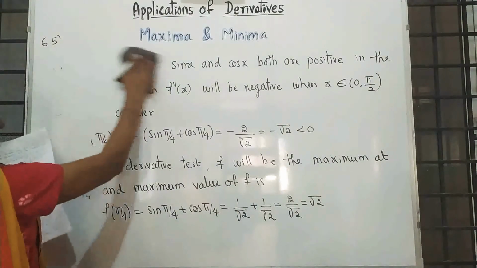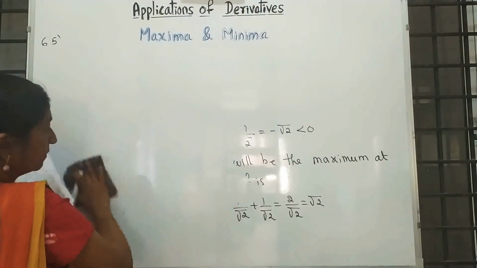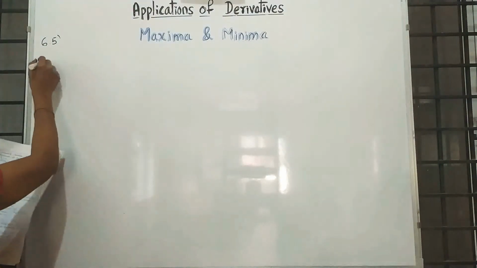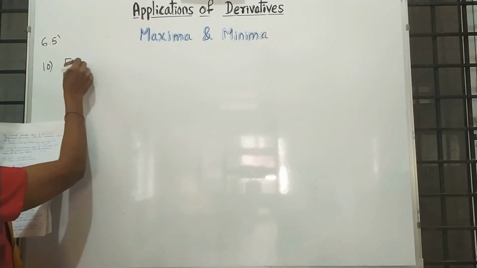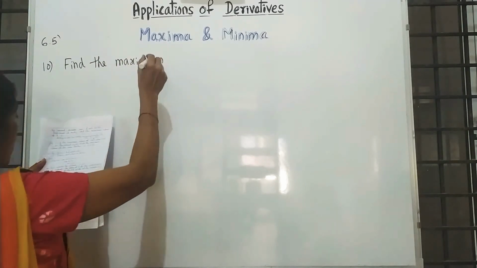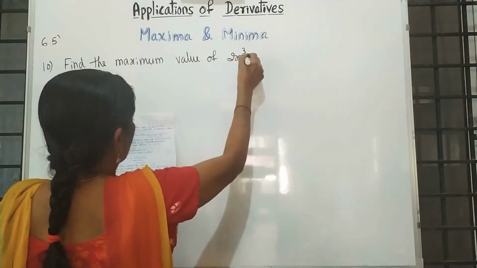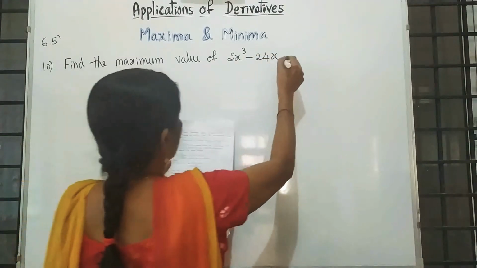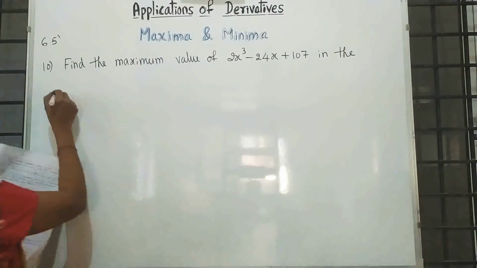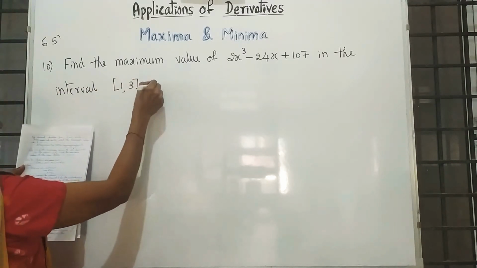Moving to the next question, 10th question. Find the maximum value of 2x cube minus 24x plus 107 in the interval 1,3.